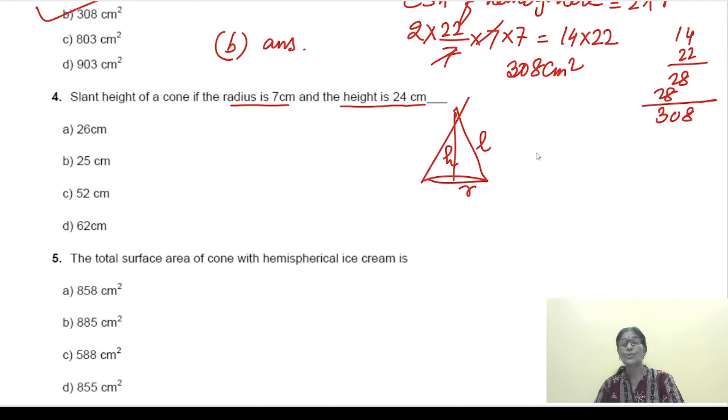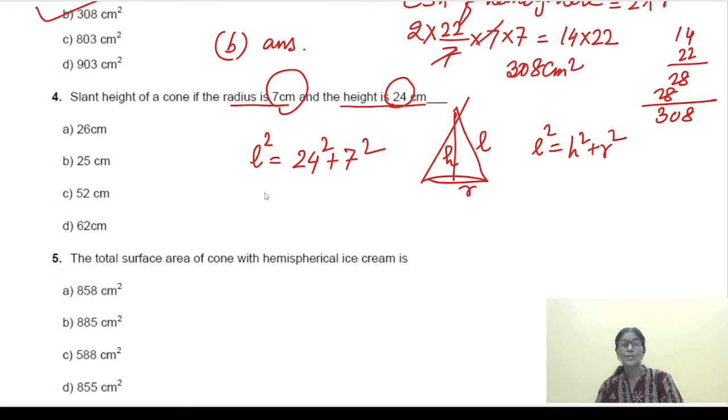This is l. So l square is equal to h square plus r square. Height is 24 square and 7 square. So it will be 24 square, 576, plus 49, that will be 625.